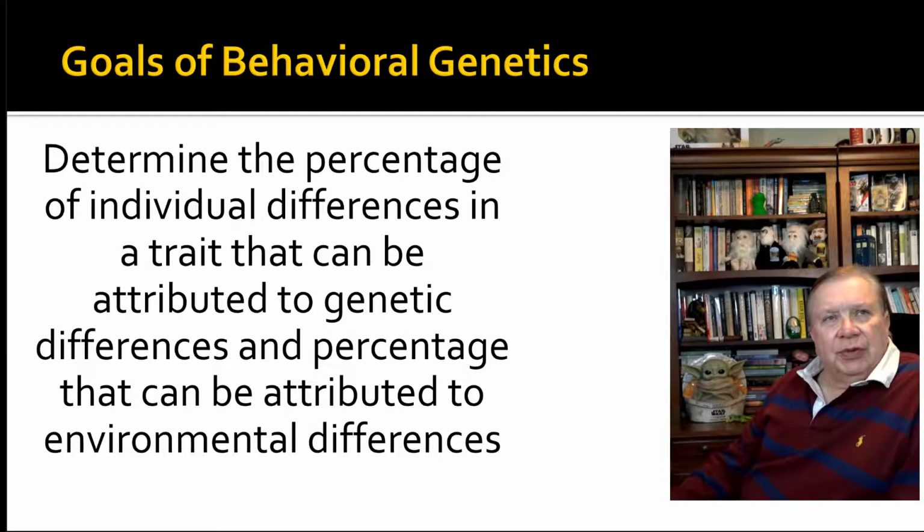Now, the goal of behavior genetics is to determine the percentage of individual differences that can be attributed to genetic differences and the percentage that can be attributed to environmental differences. We call that partialing out the differences. And naturally it always adds up to 100. So something may be 70% environmental, 30% genetic, or just as likely 70% genetic and 30% environment.